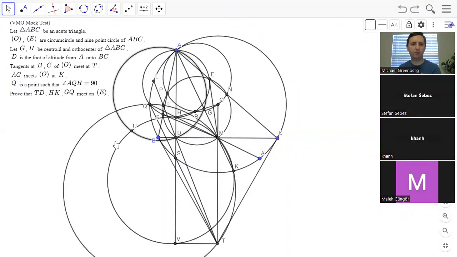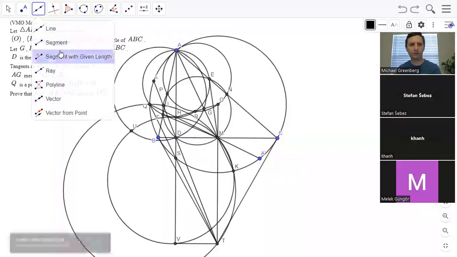So if we can show U lies on OH, then that's the same as showing I, H, and K are collinear.